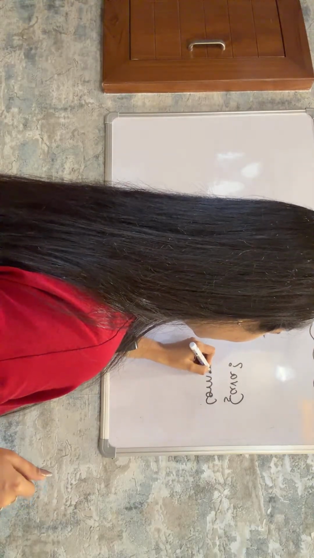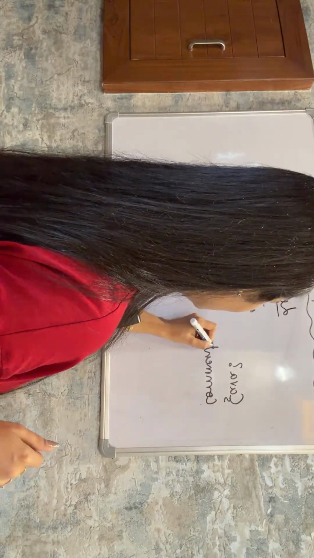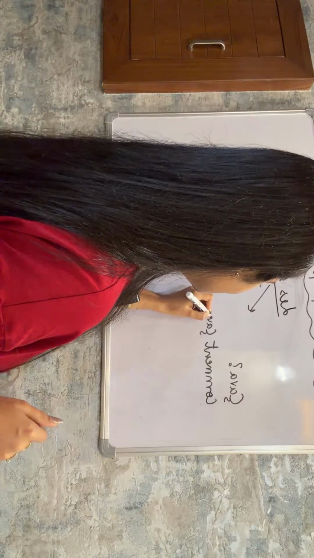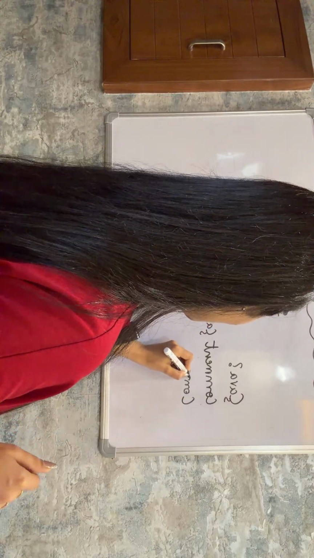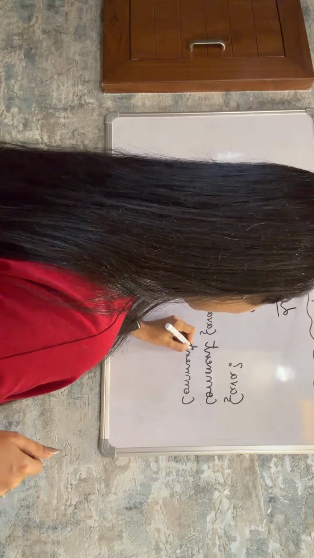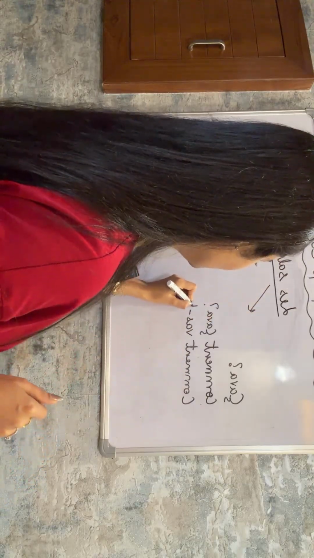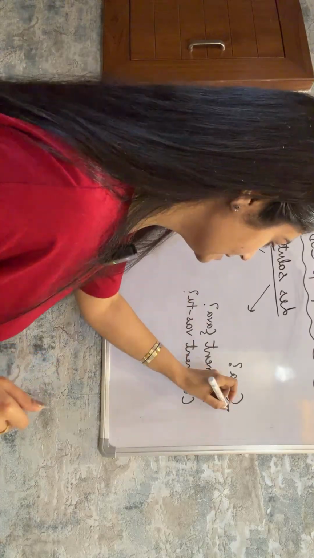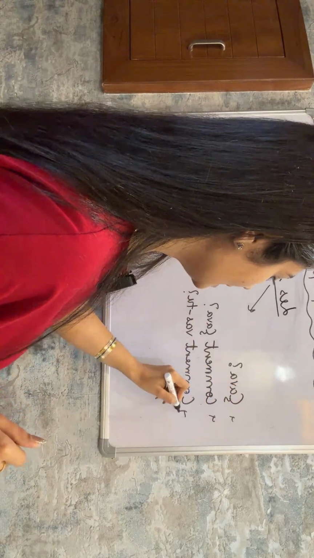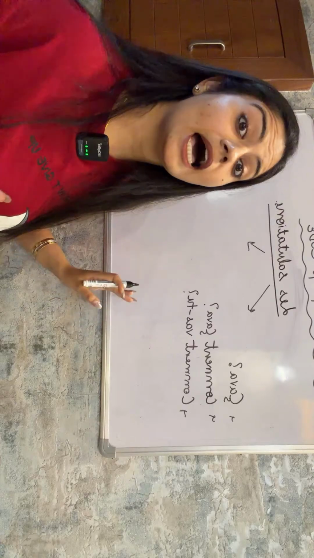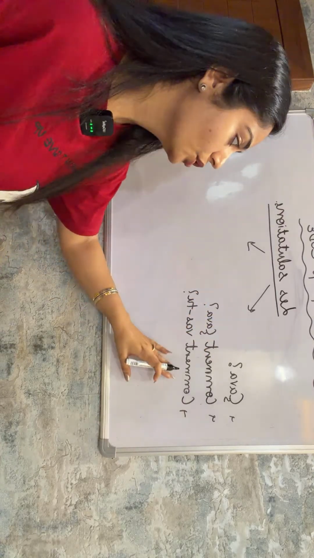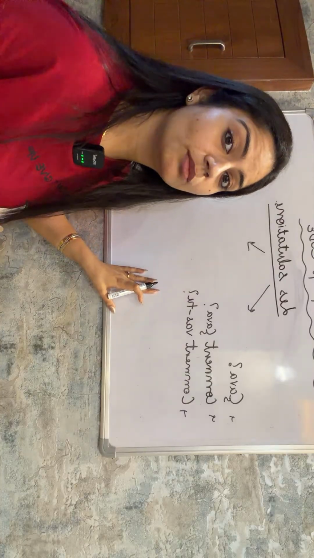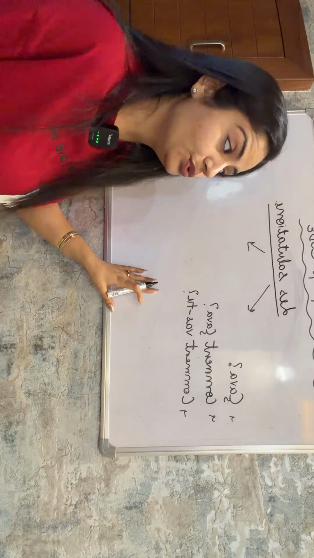Comment ça va? Comment vas-tu? These all three are informal ways of asking how are you. Ça va, comment ça va, comment vas-tu.